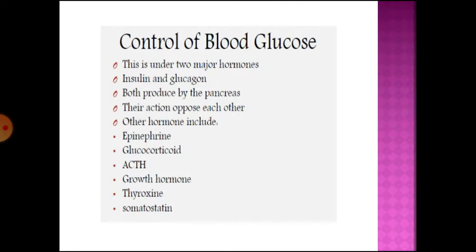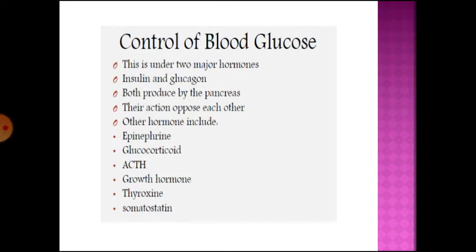Control of blood glucose is under two major hormone actions. As previously mentioned, there are two mechanisms of hormone that control the blood glucose. One is known as the hypoglycemic hormone action, and the other is known as the hyperglycemic hormone action.